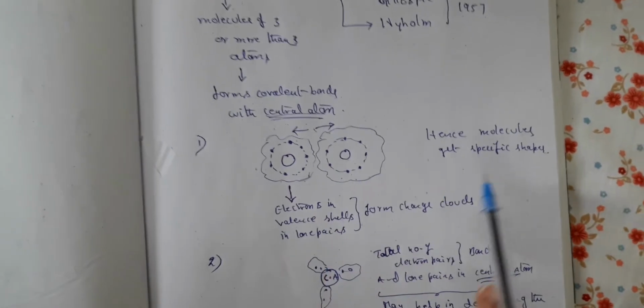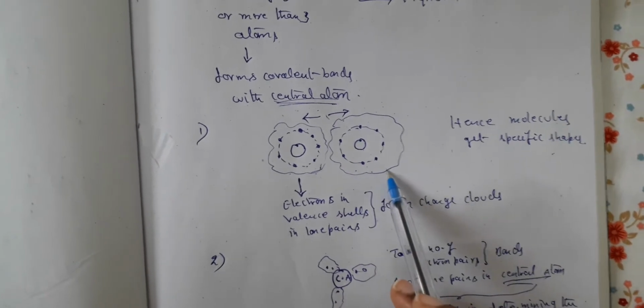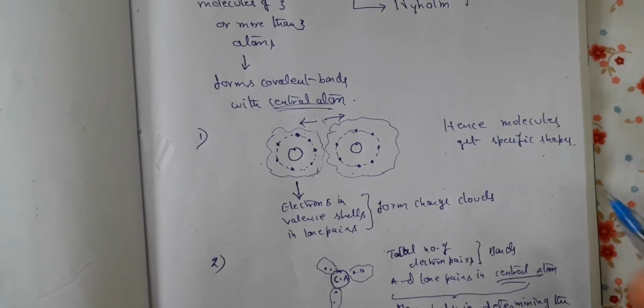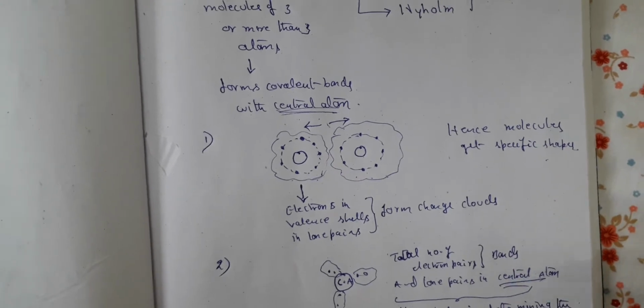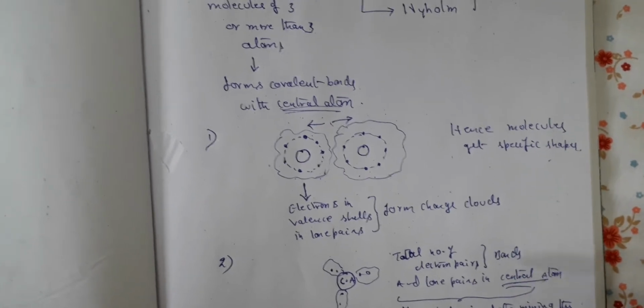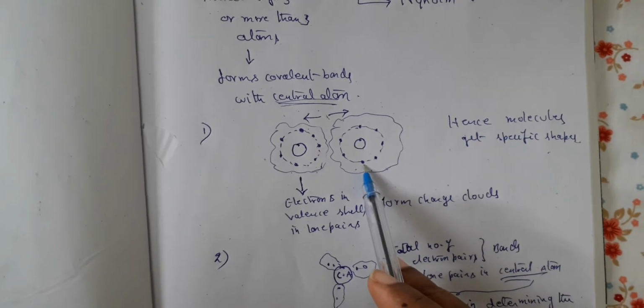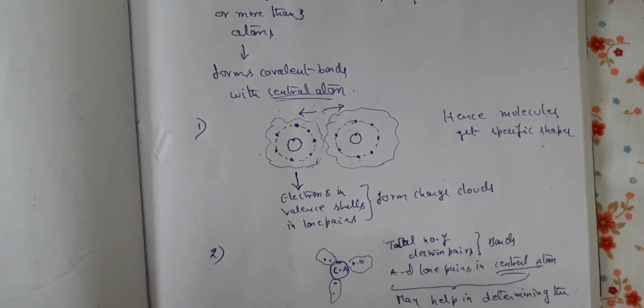Hence, molecules get specific shapes. How many electrons are there? What is the intensity of the repulsion? And if they are getting repelled, how and where will they try to locate themselves? All these can be discussed based on this cloud theory, right? Hence, molecules get specific shapes.